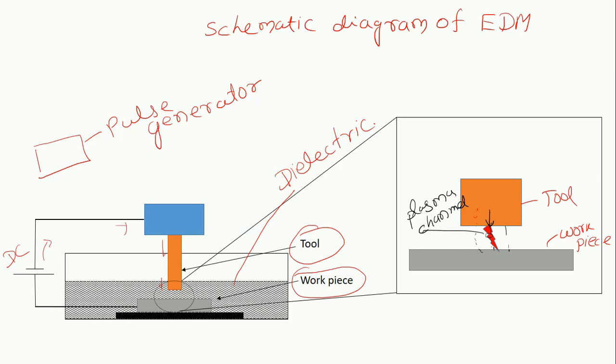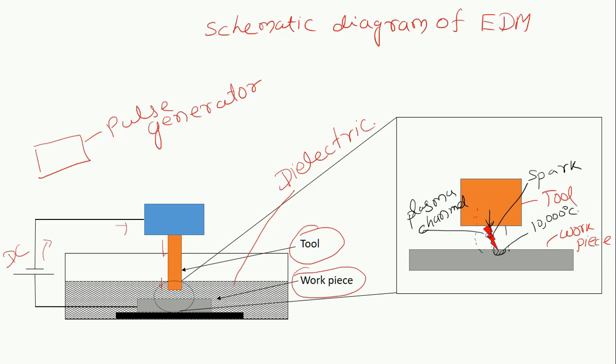This sudden electric discharge appears as a spark, and this spark contains a high amount of energy. When it strikes the workpiece, it raises the local temperature of the striking point up to 10,000 degrees centigrade.